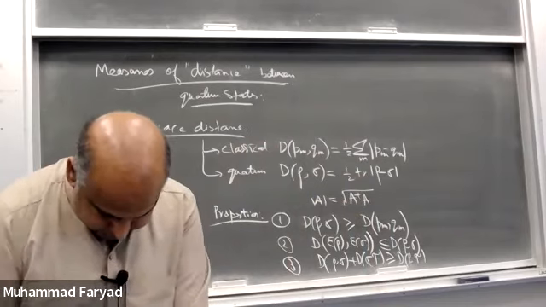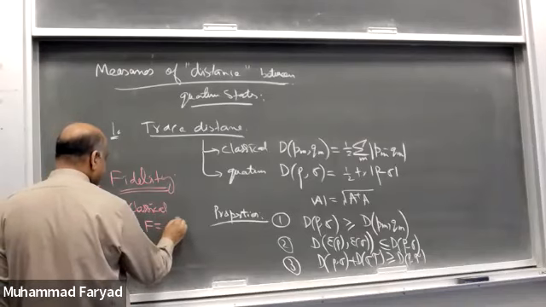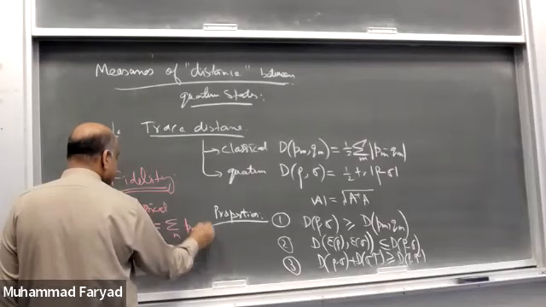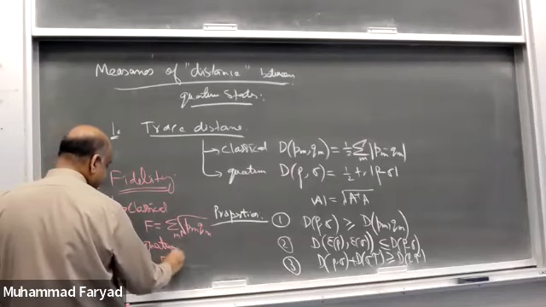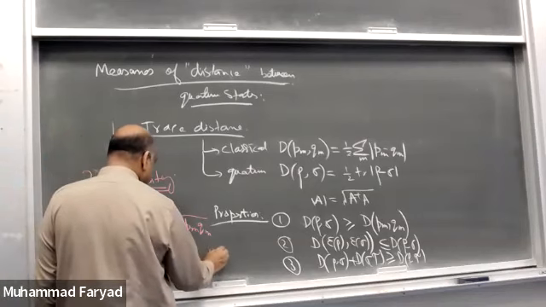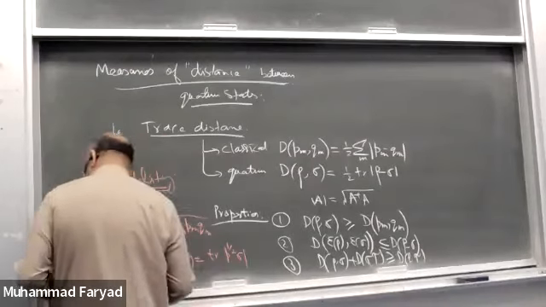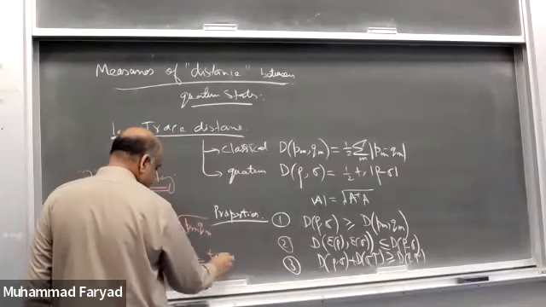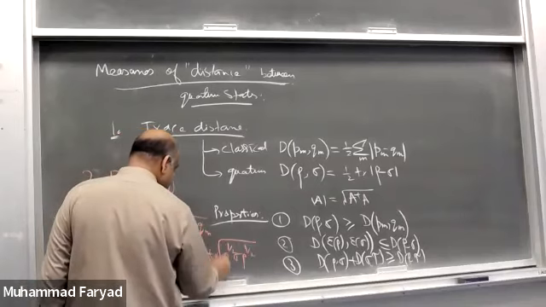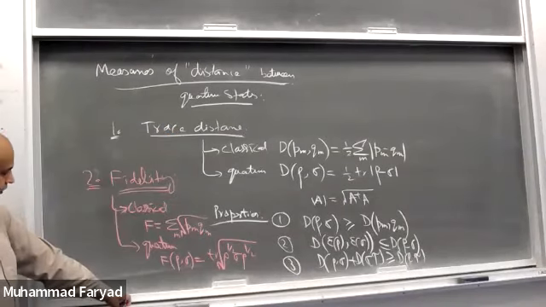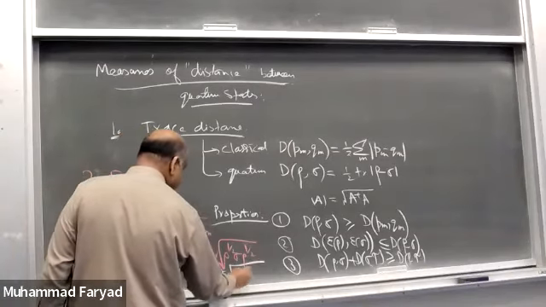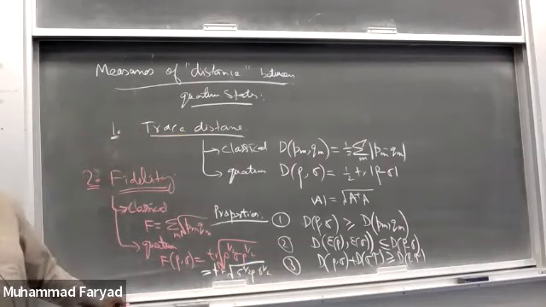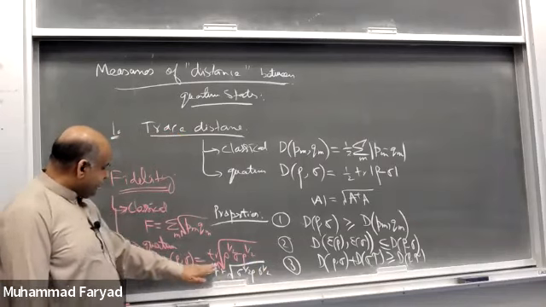And we defined the classical fidelity between two distributions like this, and the quantum fidelity was defined as the trace of square root of rho square root sigma square root of rho, the whole square root. And actually I'll show today that this is equal to the trace of square root of sigma times square root of rho. I'll show it a little bit later. So this was the definition for fidelity.